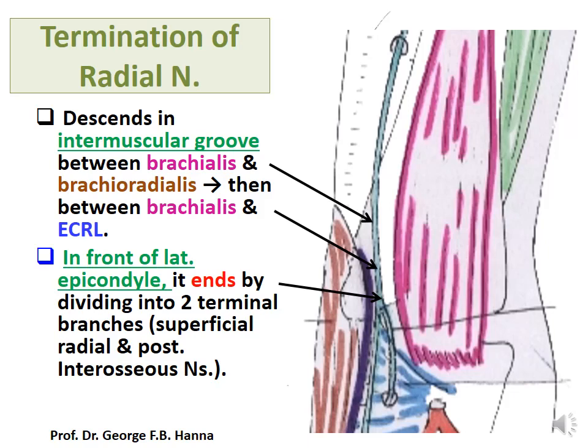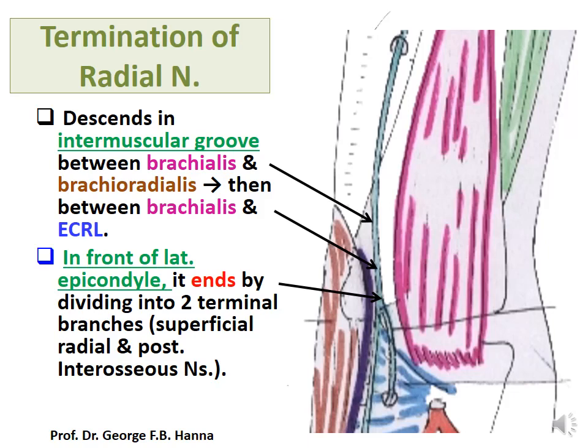Then the radial nerve, just before termination, passes in a muscular groove between brachialis here in red and the brachioradialis. Obviously, you can expect that it will supply both. Then as we go downward, it passes again between brachialis and extensor carpi radialis longus.